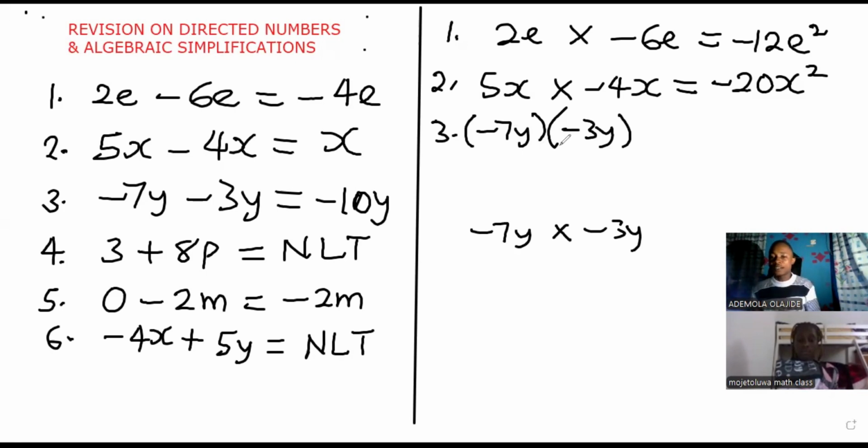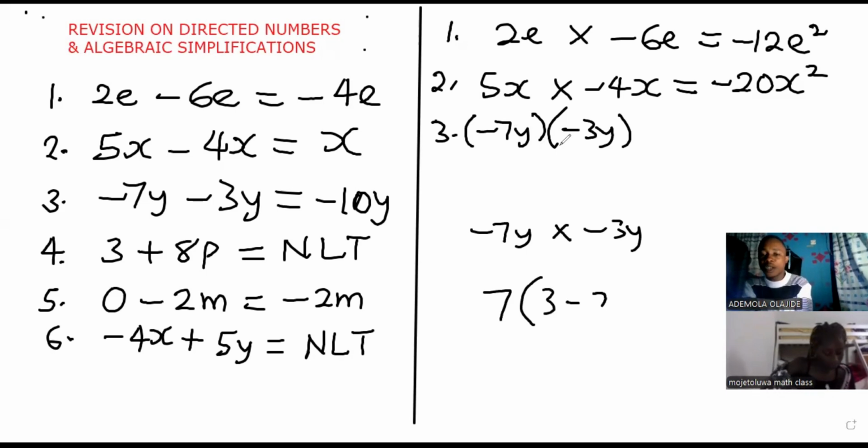Is that clear? For example, maybe I have a number 7, open parentheses, 3 minus 2y. So this implies that this 7 outside the brackets is to multiply everything inside, all the terms inside the brackets. So the bracket also performs the function of multiplication.